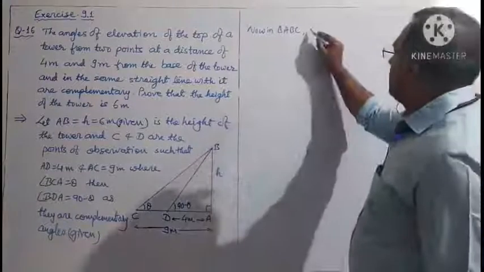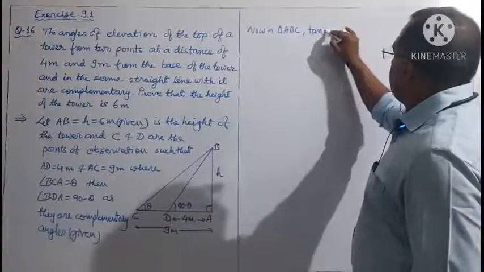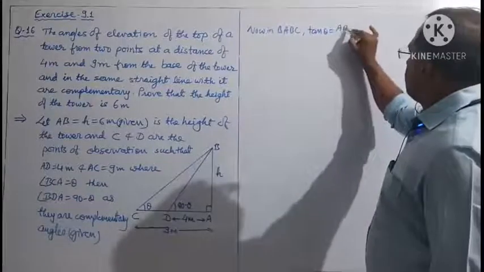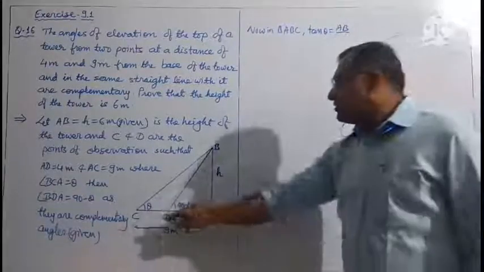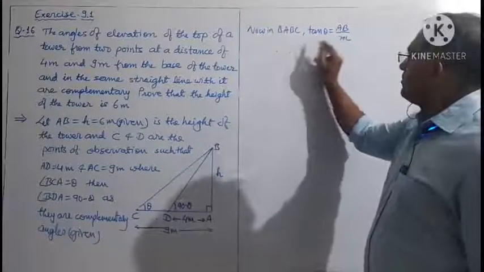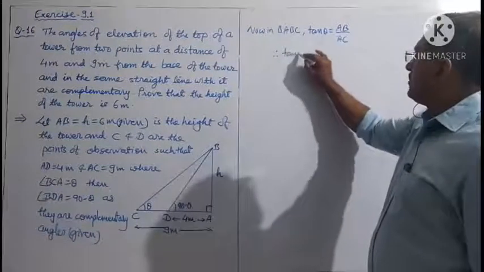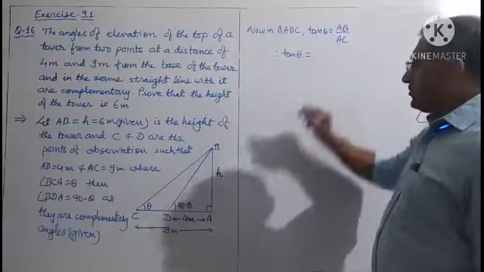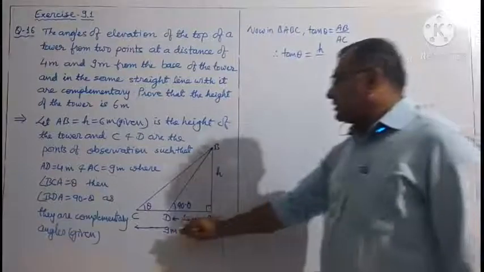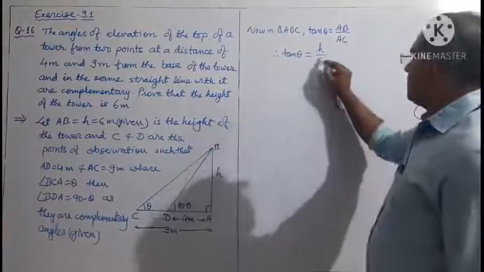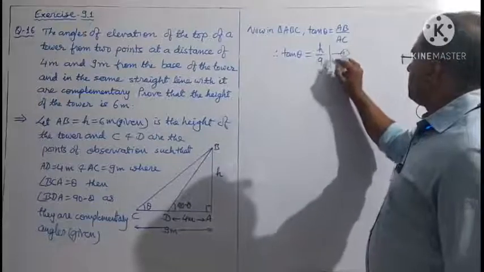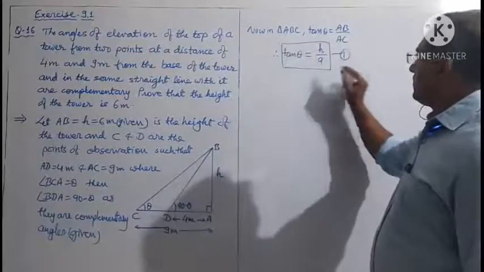So tan theta is equal to the opposite side AB divided by the adjacent side AC. The theta value is not given, so we keep tan theta equal to AB, that is h, divided by AC, that is 9 meters. So this is result number 1, in terms of tan theta.